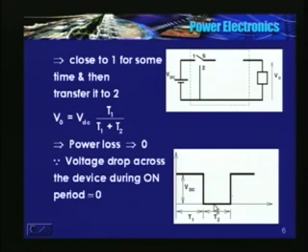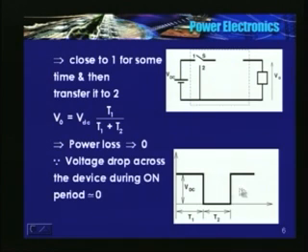Okay. Now what is the average value of this voltage? When the switch is in position 1, for t1 seconds it is VDC, the switch is in position 2 for t2, and the voltage applied is 0.